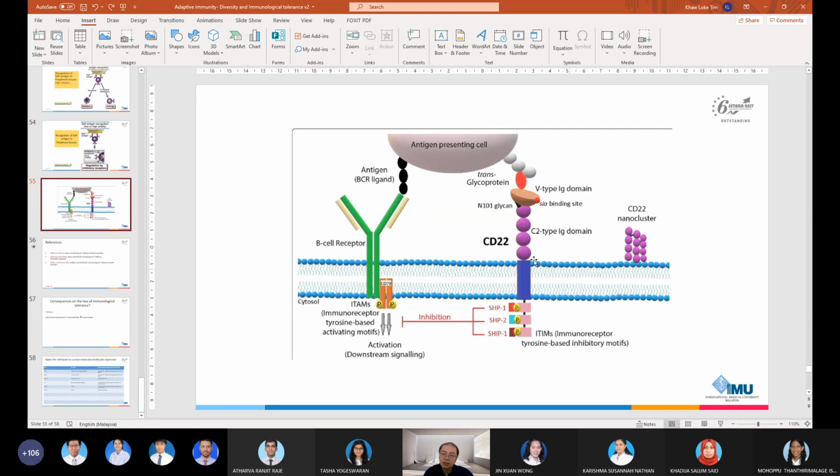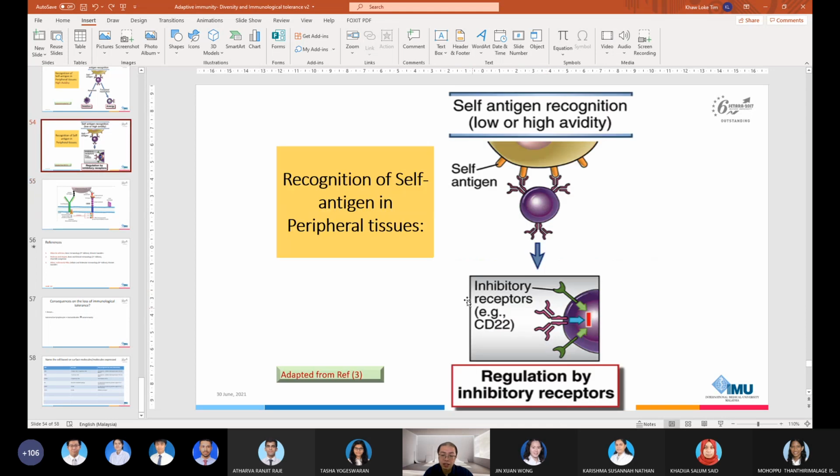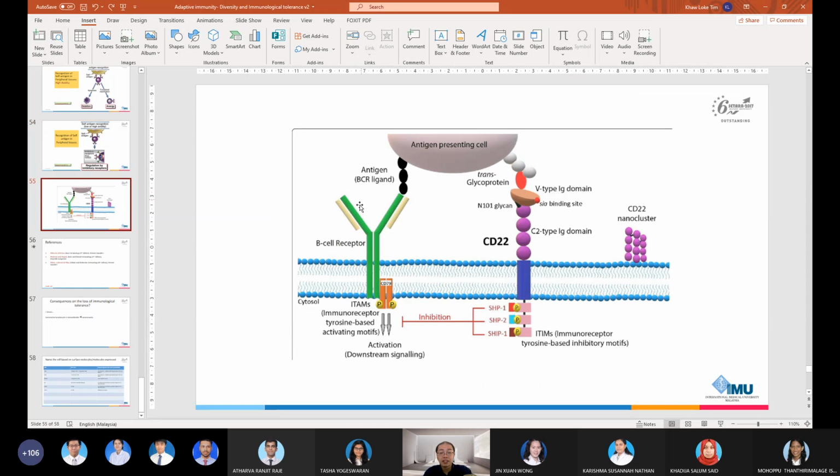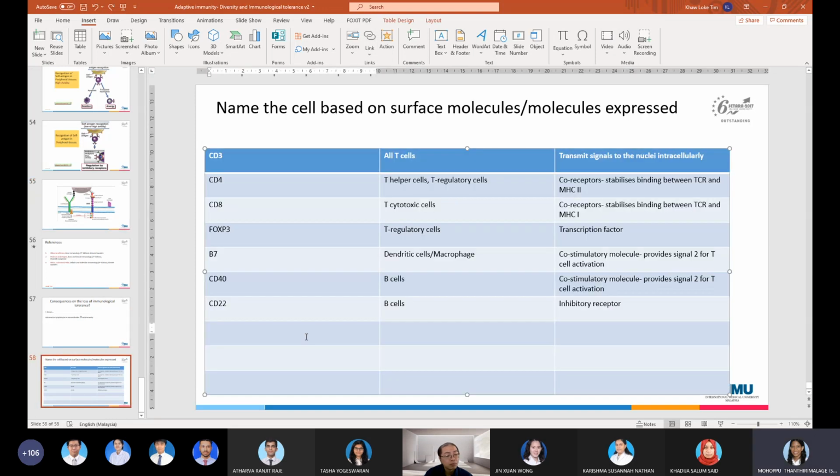This is just some detail, okay? But overall, just remember CD22 is an inhibitory receptor on the B cell that regulates B cells. It's like a disruptor, just in case B cells get activated for no reason. So that's what CD22 does. Oh, okay, thank you.